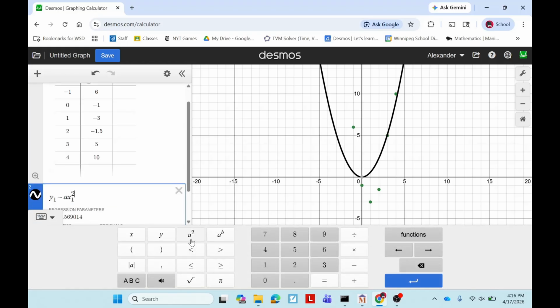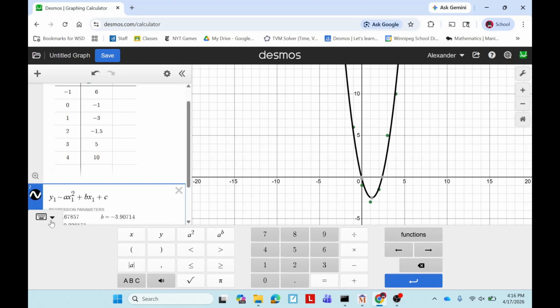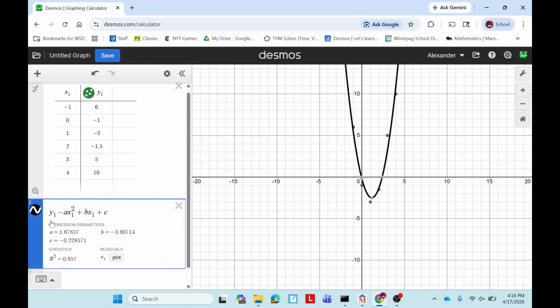This power of 2 button is another way that you can make your x squared. It's not going to make the a squared, it is going to make the x1 squared. So as long as you type the x1 first, it should show up there. Then we've got plus b x1 plus c, and I'm going to lower the keyboard, and we get our a, b, and c values.